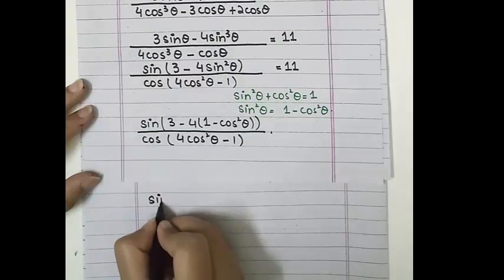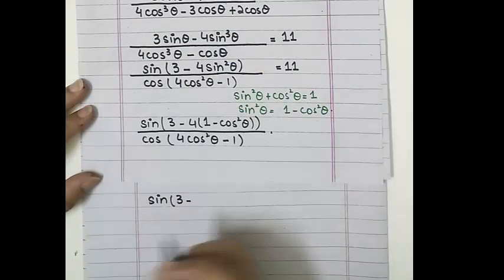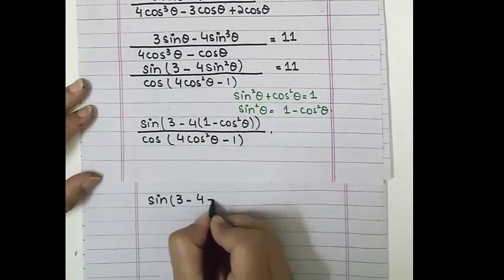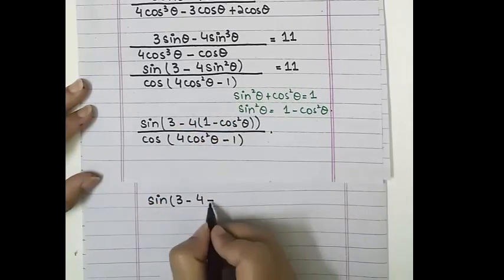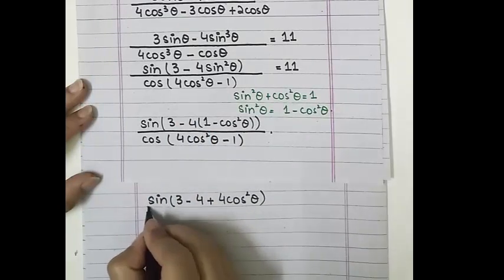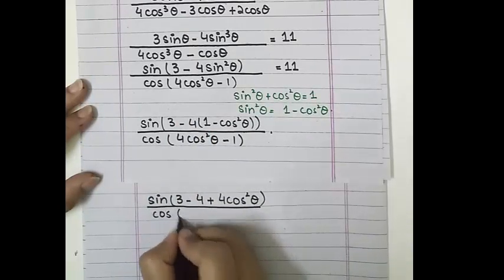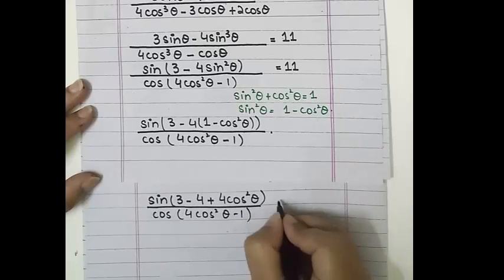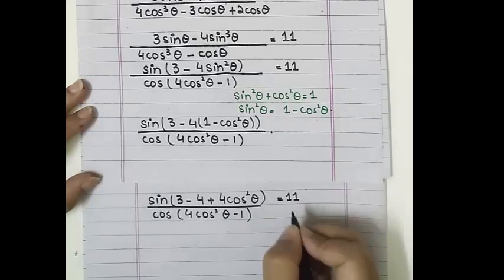Now sine theta times 3 minus, multiplying 4 inside the bracket, we have 3 minus 4 plus 4 cos square theta divided by cos theta, 4 cos square theta minus 1, and this is equal to 11.